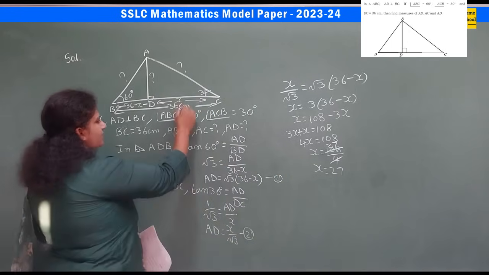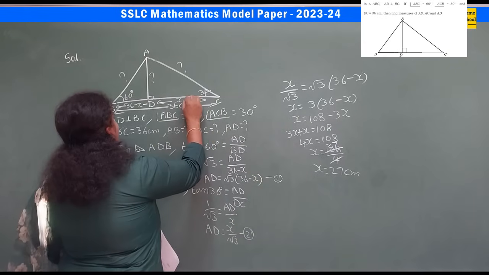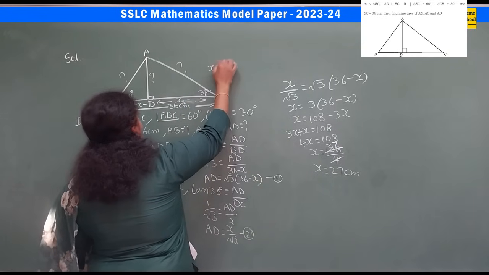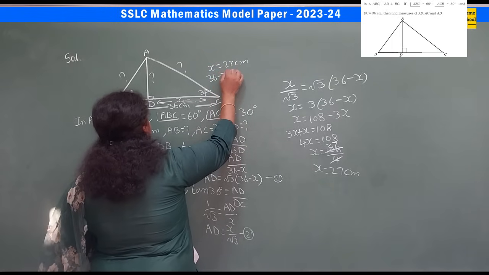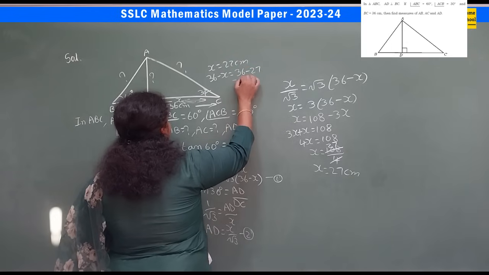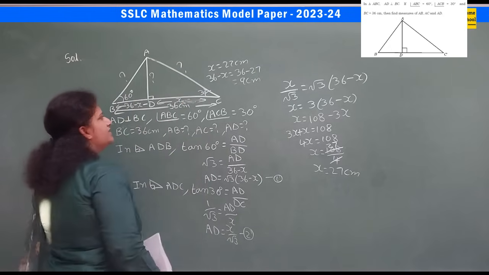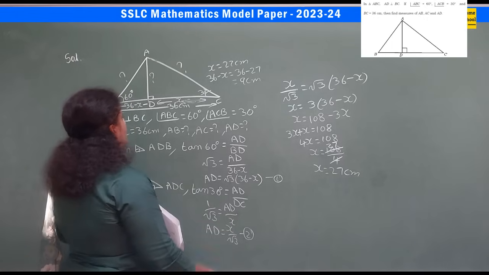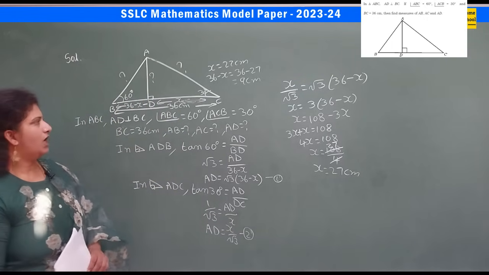So what happens here? X is 27 centimeter. Let me write here. X is equal to 27 means, what is BD? 36 minus X means 36 minus 27. That will be 9 centimeter. This is 9 and this is 27 centimeter we got. Now we need to find AD, AB and AC. How can we find?